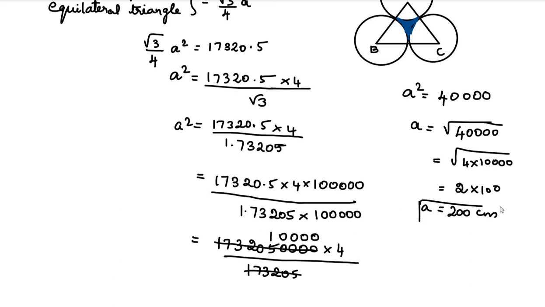That is, the side is 200 centimeter. Now here the radius is half of that side. So A is 200 centimeter, then the radius is A by 2, that is 200 by 2, that is 100 centimeter.